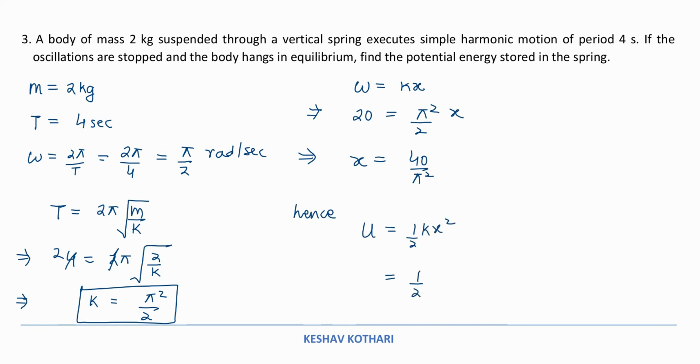Half k is pi square by 2 and x square is 40 by pi square, squared. So we get 400 by pi square, which is 40.5 joule. So this is the answer for this particular question, 40.5 joule.